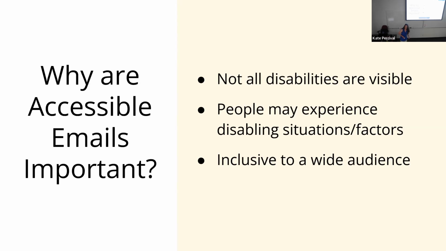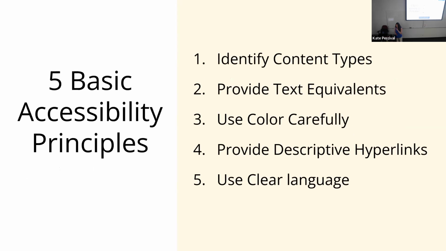Because we send and receive so many emails, and because they are such an imperative part of our daily work environment, creating accessible emails allows them to be inclusive to a very wide audience, regardless of people's abilities or disabilities.